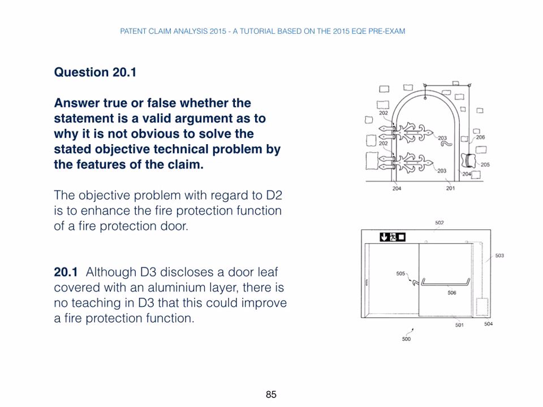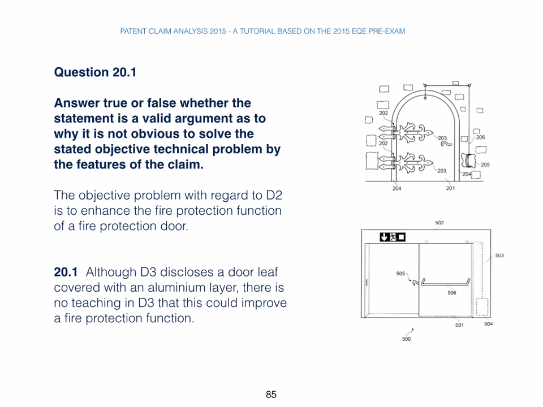The statement of 20.1 is, although D3 discloses a door leaf covered with an aluminium layer, there is no teaching in D3 that this could improve a fire protection function. So D2's fire protection door is shown at the top, and D3's safety escape exit door is shown underneath.